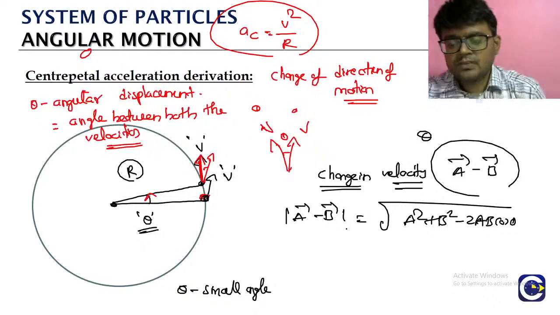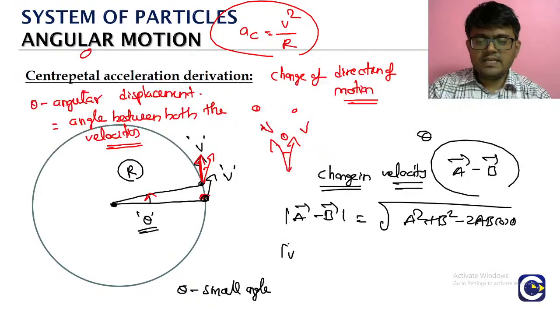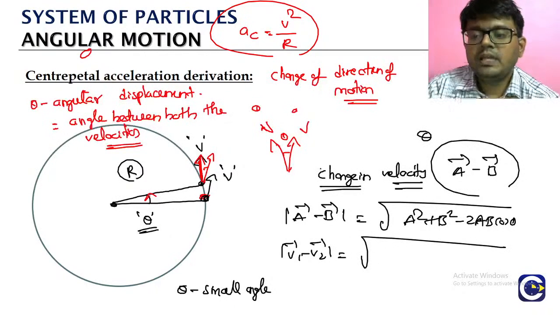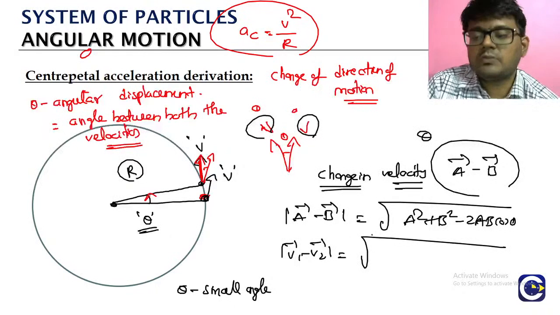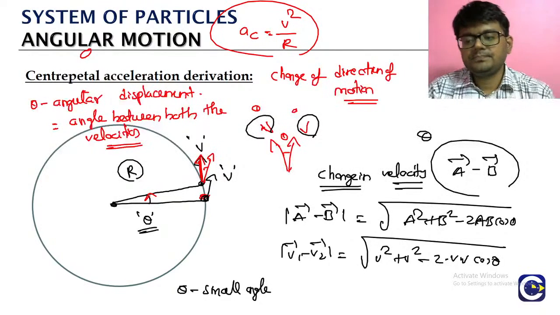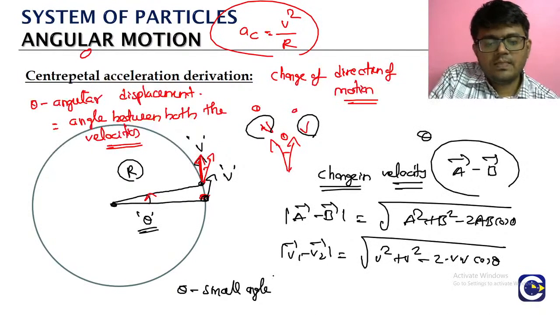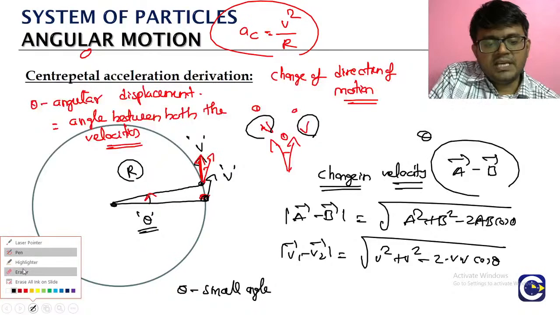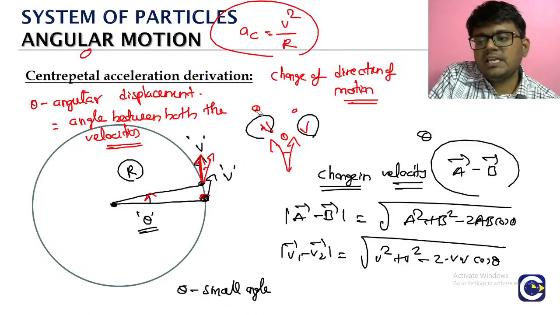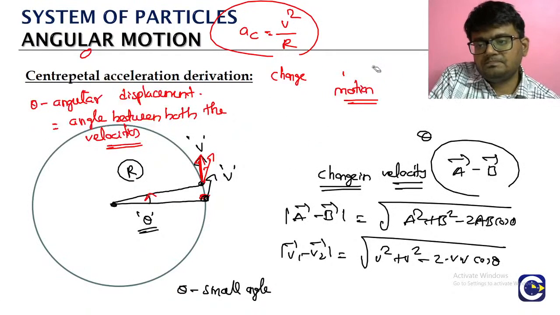Similarly, the magnitude of v1 bar minus v2 bar is root of v square plus v square minus 2 into v into v cos theta, because the values are the same for both. Okay? So this is the change in the velocity.